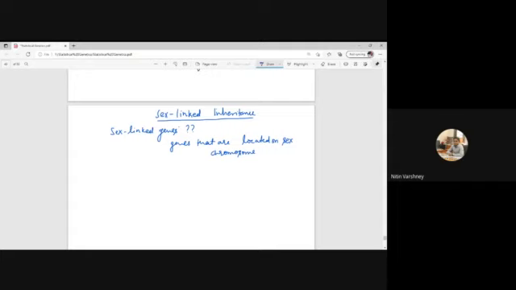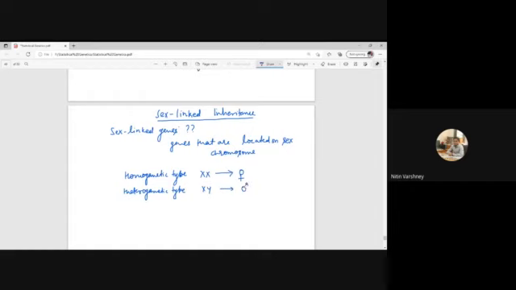Like we can say that the homogametic type, that is capital X capital X, will be female, and the heterogametic type, capital X Y, will be male.